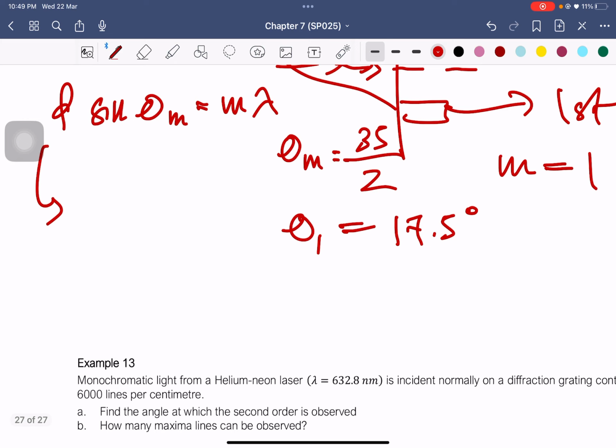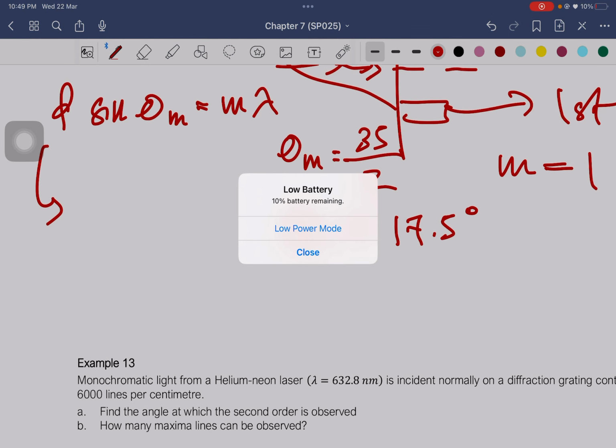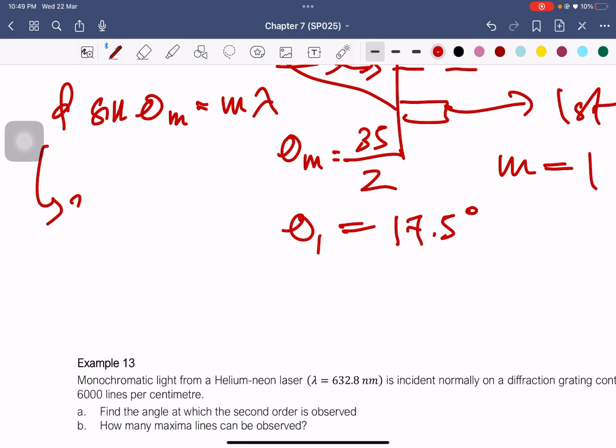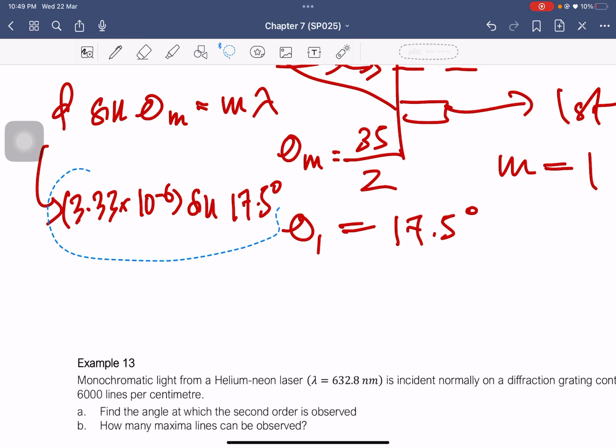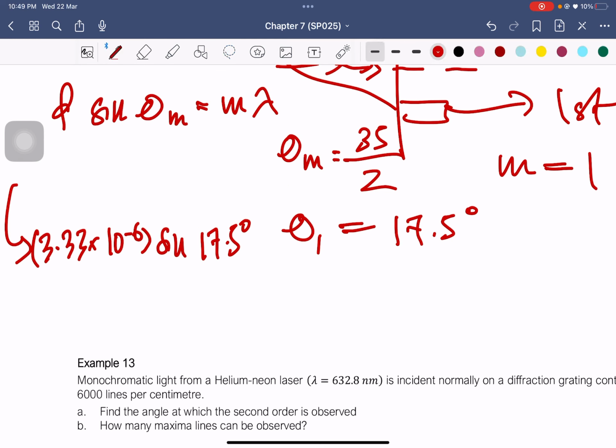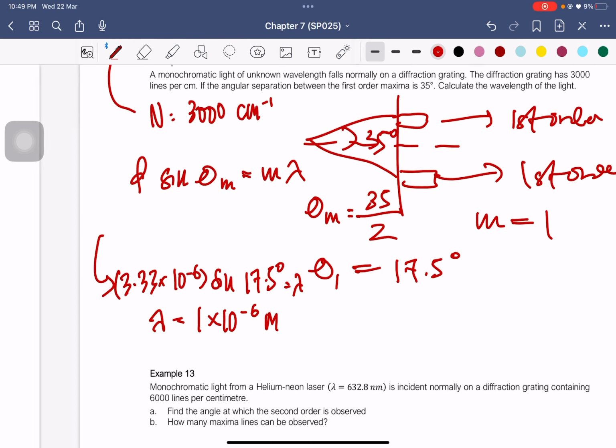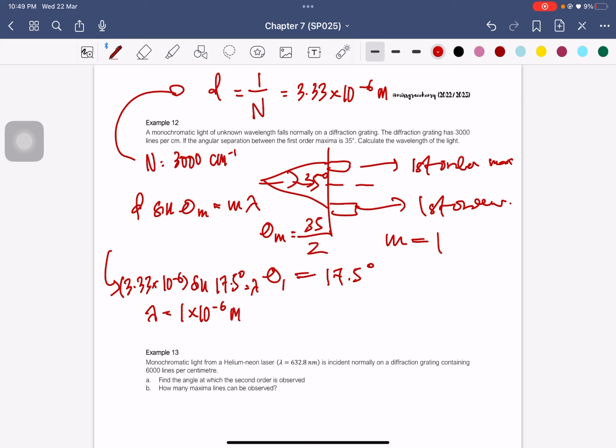Okay, so substitute into the formula here: 3.33 times 10 negative 6 times sine 17.5 degrees equals lambda. So lambda is equal to 1 times 10 negative 6 meter. Right, so that's how you find the wavelength of the light.